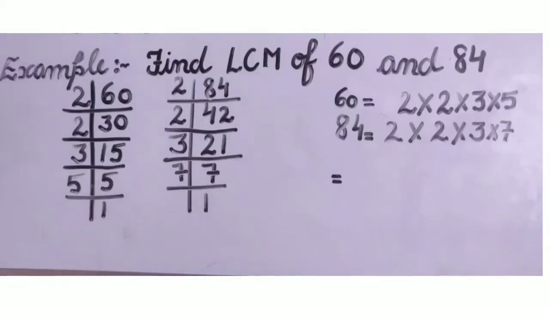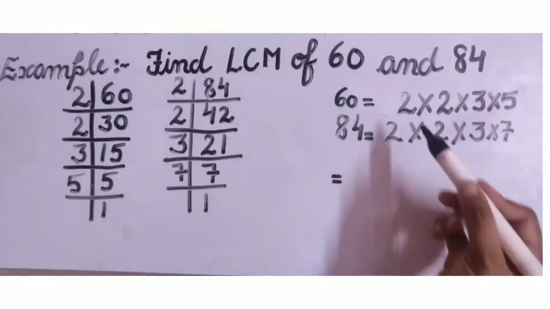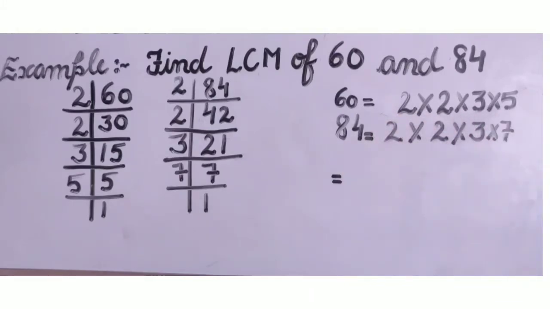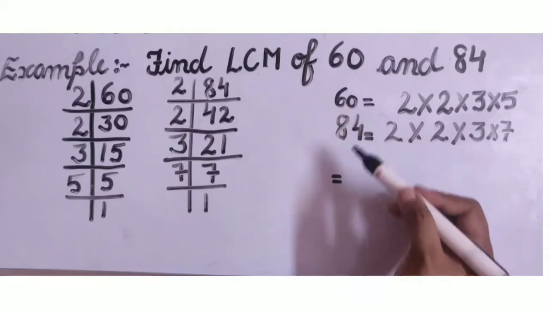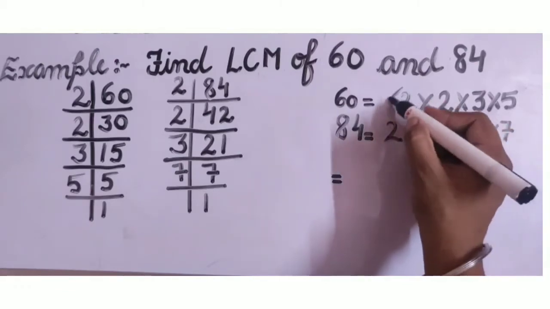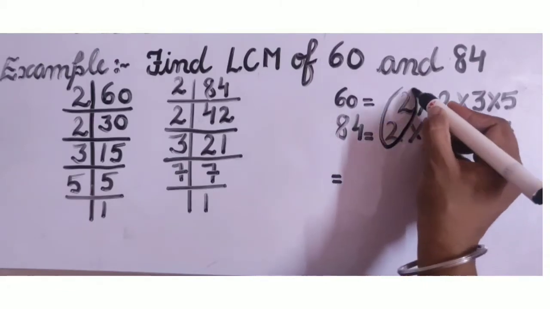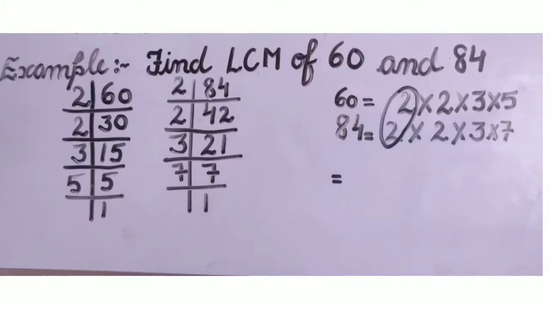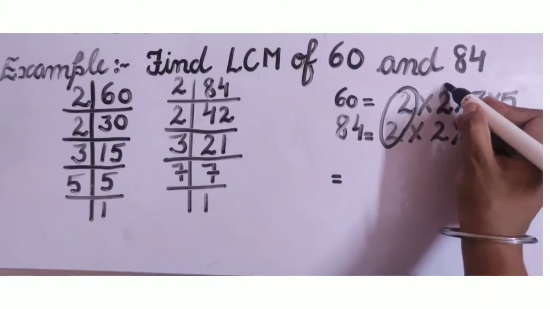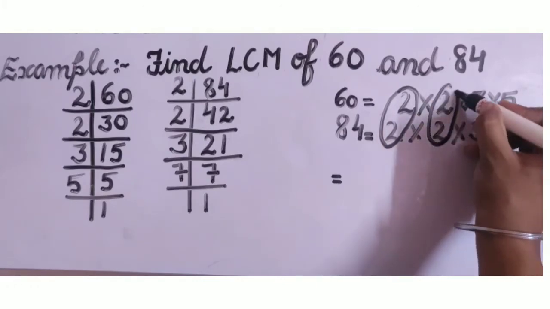Now, second step is, students, the product of the prime factors which we have written of the given numbers, we will find out the common factors. Common factors mean, students, which are the same factors in the given numbers. So yes, let's check. 2, 2. So I can say that yes, 2 is my common factor. Let's check the second one. 2, 2. This is also same. So let's circle this also.